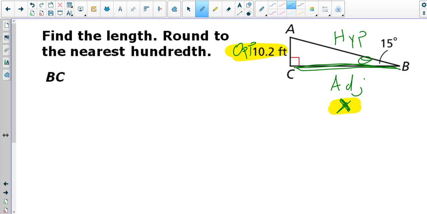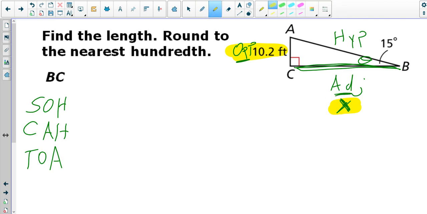So I look at my SOHCAHTOA, and I see that I have opposite and I want to find adjacent. The one that uses O and A is TOA. So I am going to choose to use tangent.